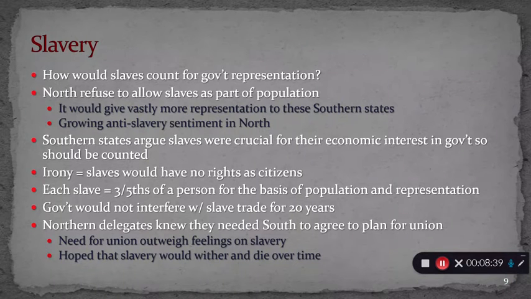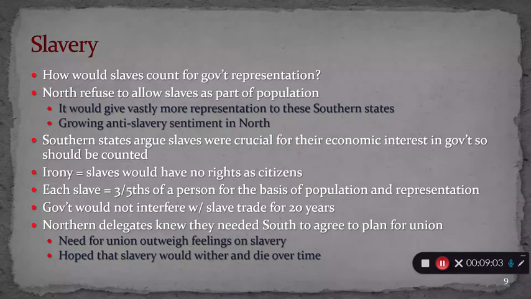Northern states, on the other hand, even though the vast majority of them still allowed slavery, typically have far fewer numbers of enslaved people, and so wouldn't benefit very much at all from having slaves count as part of their state's population.